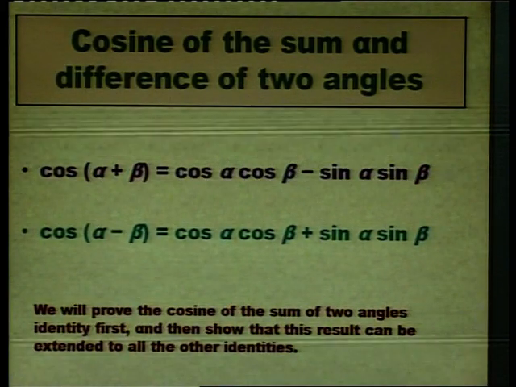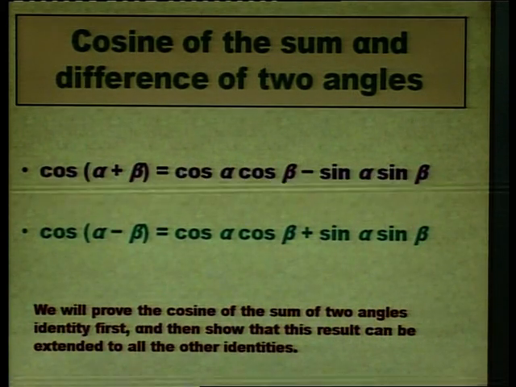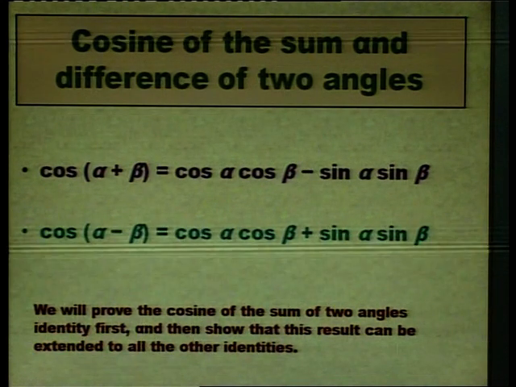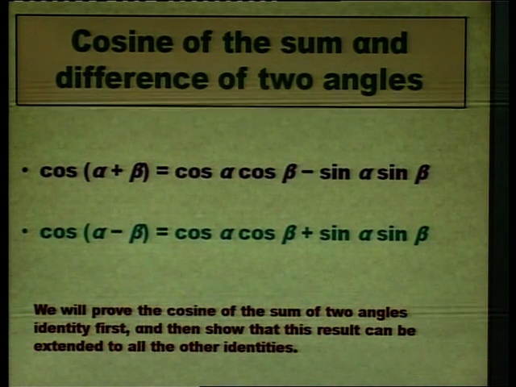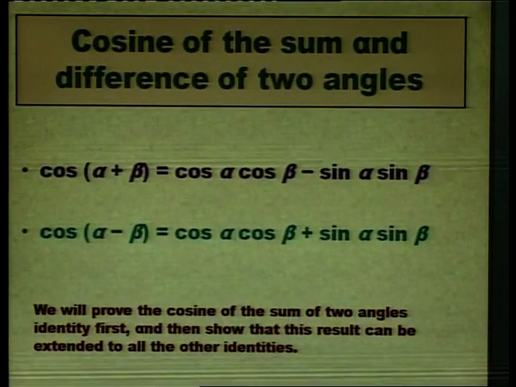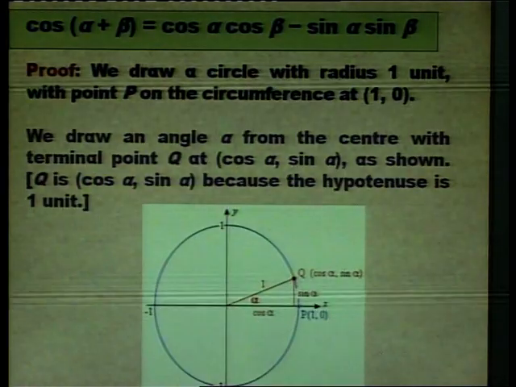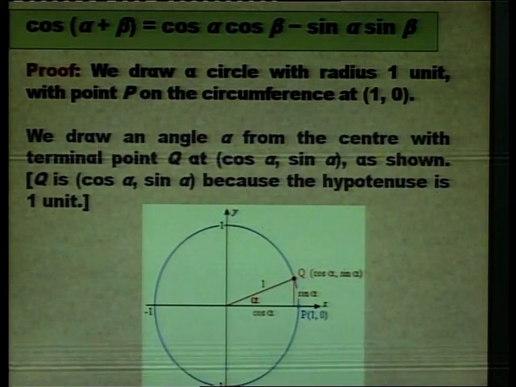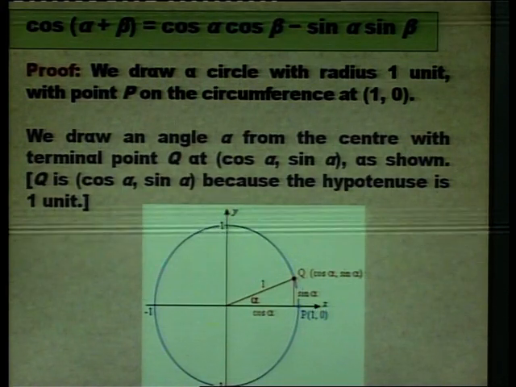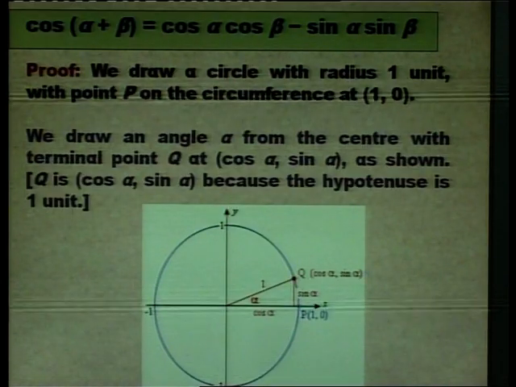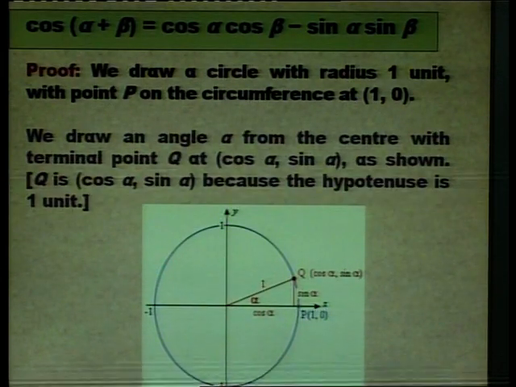And just for the sake of completeness, let me give you a simple proof of the first identity, namely the addition formula for cosine, that is cos of alpha plus beta is cos alpha cos beta minus sin alpha sin beta.